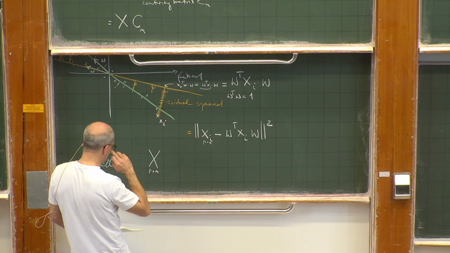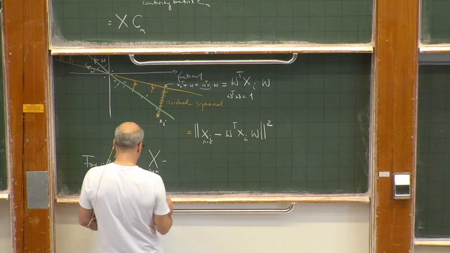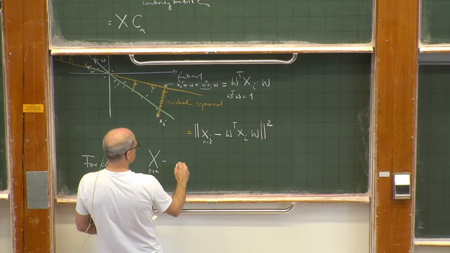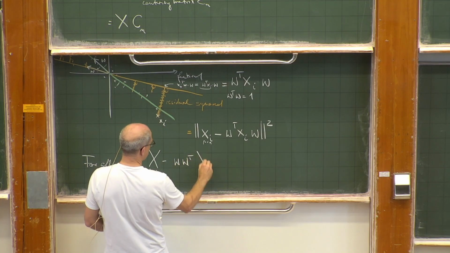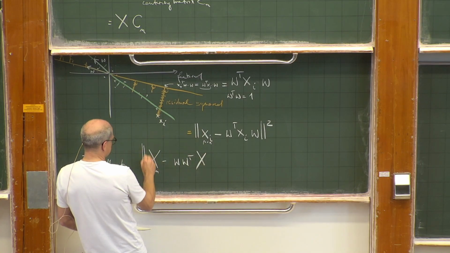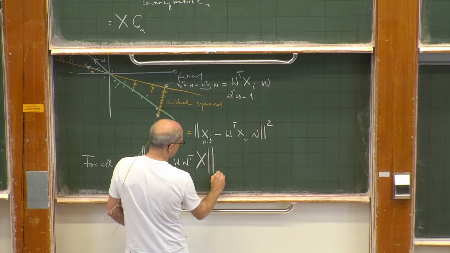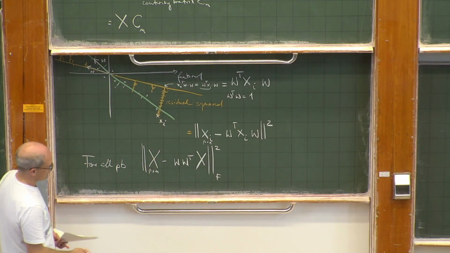And now I'm using here this p times n matrix. From this matrix, we want to take all elements squared.